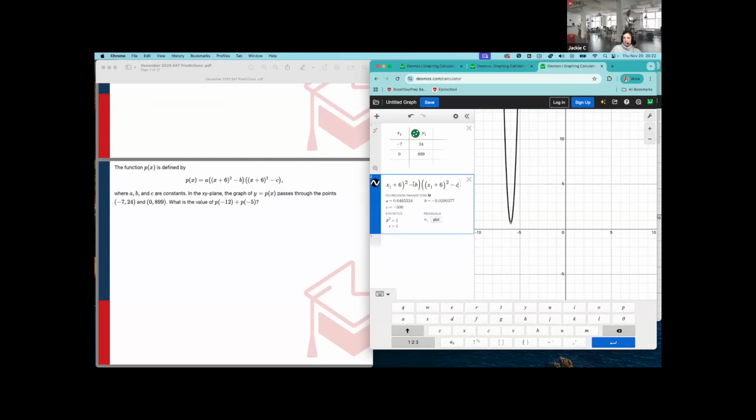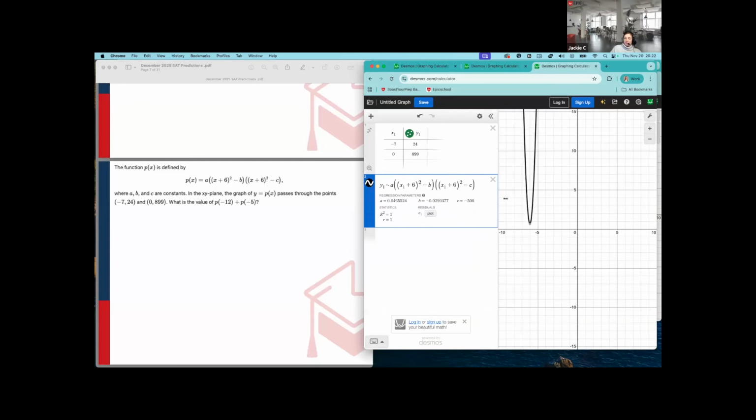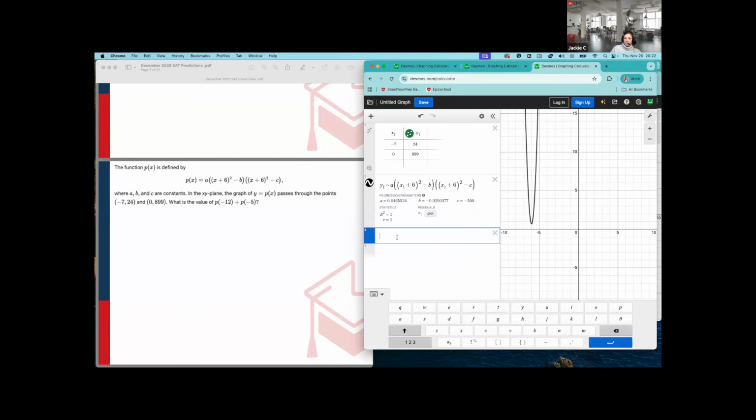Okay, so I have values for a, b, and c. So now that I have those defined, what we can do is type in the equation again, but this time I'm going to type it in just as I see it here above, because now I can use equal. Why? Because this time I actually know what a is equal to, b is equal to, and what c is equal to.